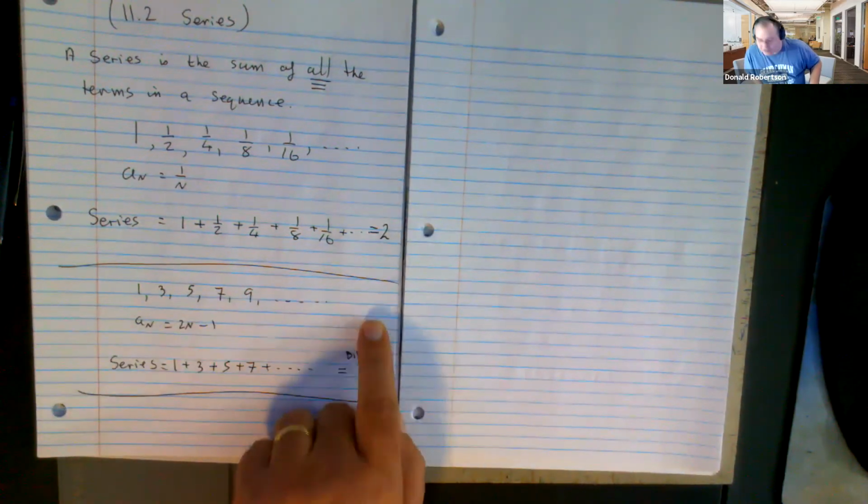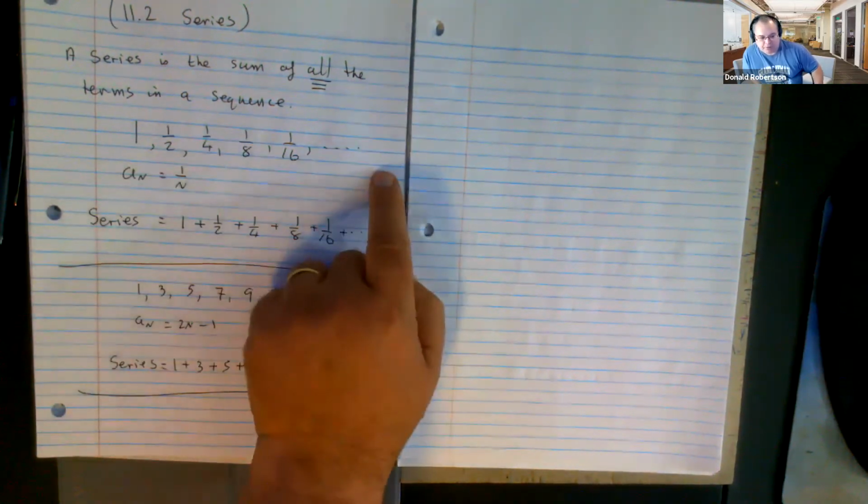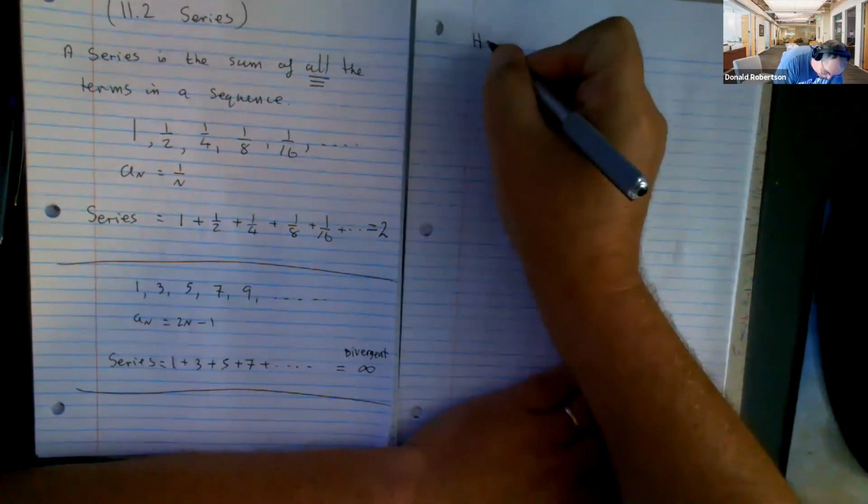If a term gets bigger and bigger as it does here, it is actually true that it's divergent. The problem is, not all series whose individual terms go to 0 converge to a number. Some of them add up to an infinite amount. So I'm going to show you a very particular one. It's called the harmonic series.